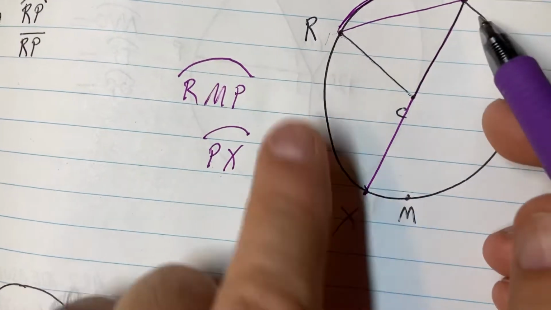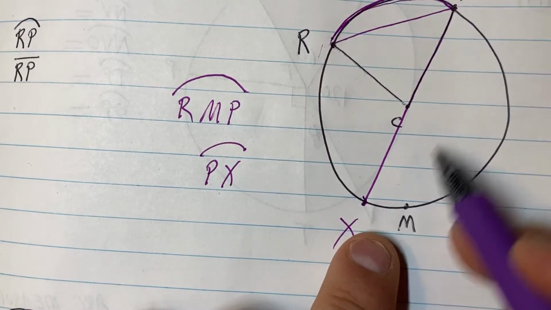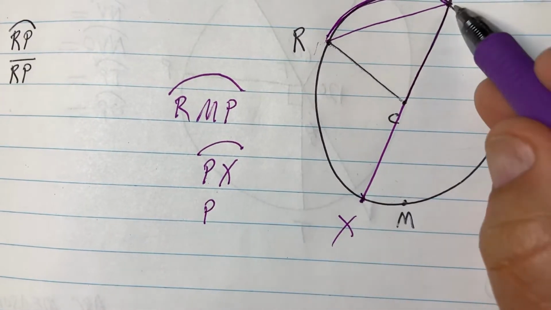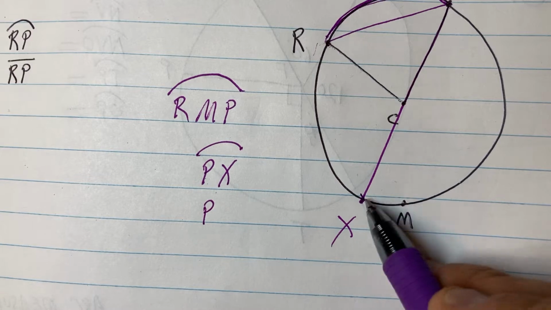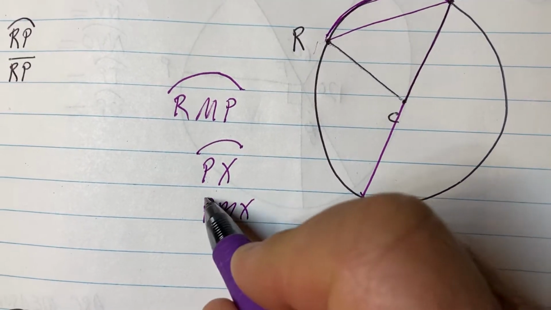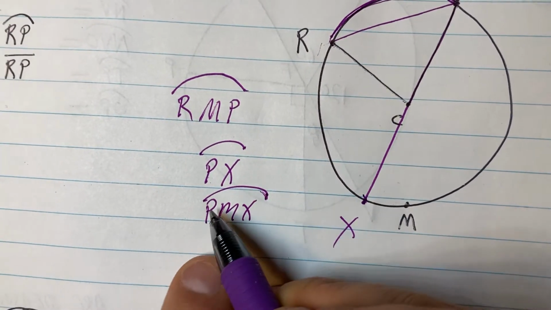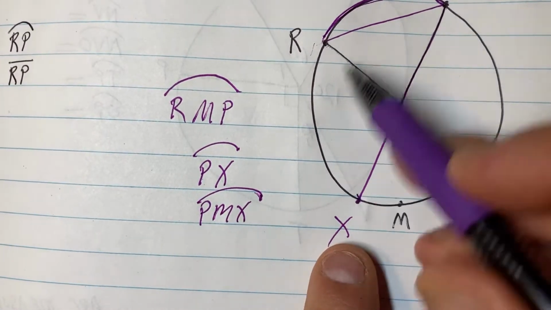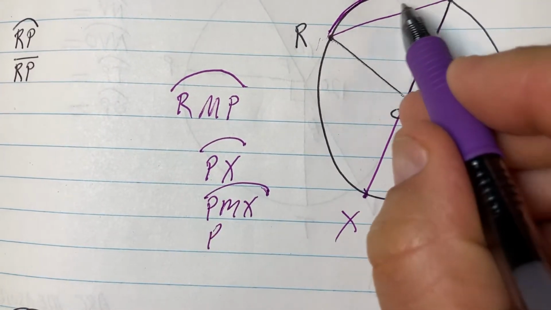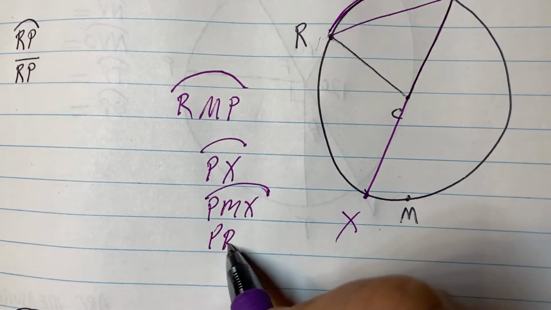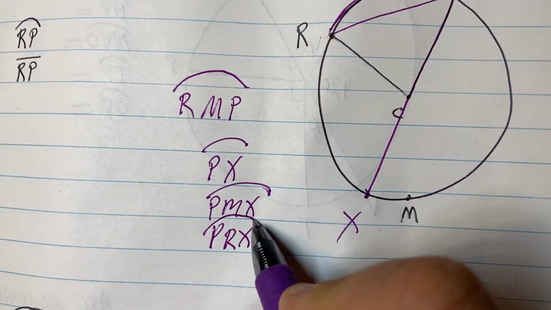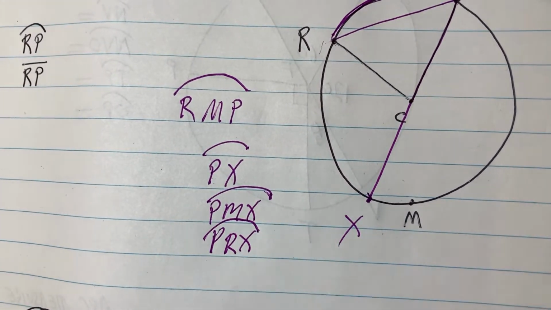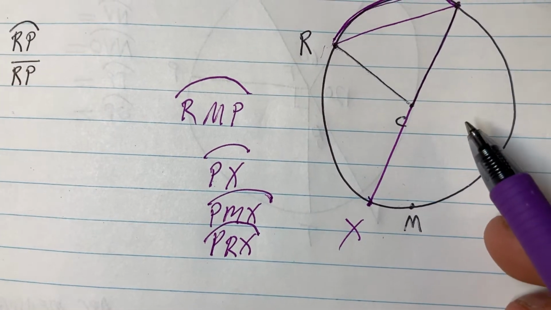But if you want to pick one over the other, this one would be arc from P to M to X. If I wanted that one, start at P, go through R, end at X, with an arc above it. That's how you differentiate between one arc and another.